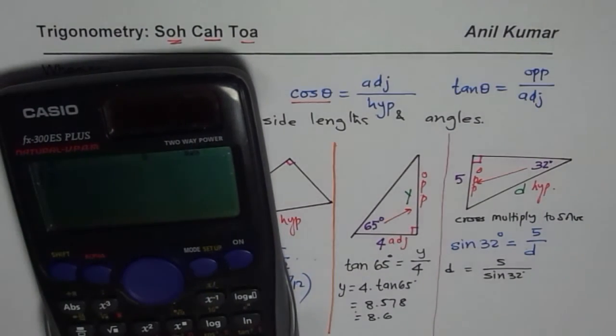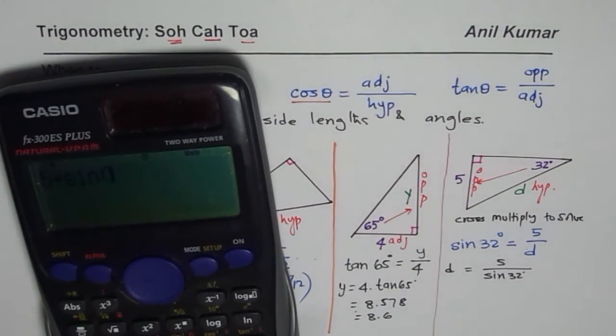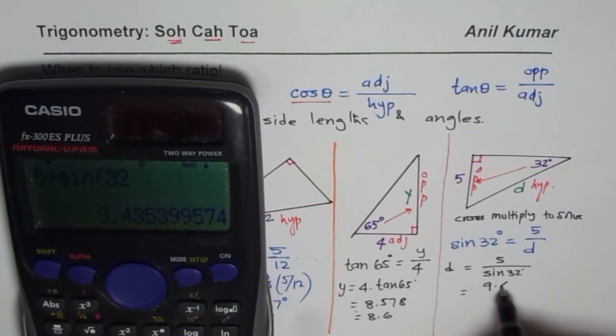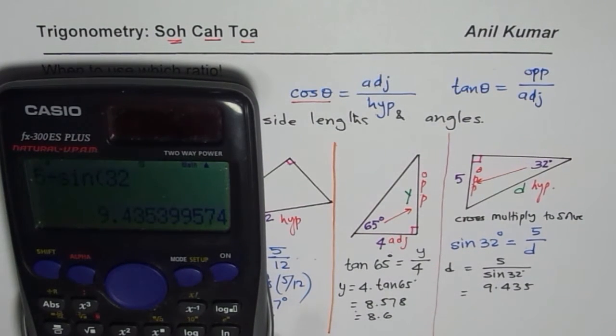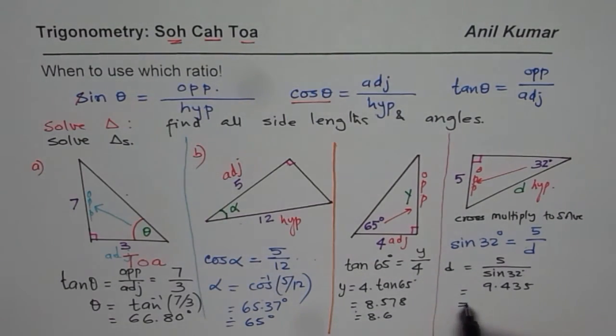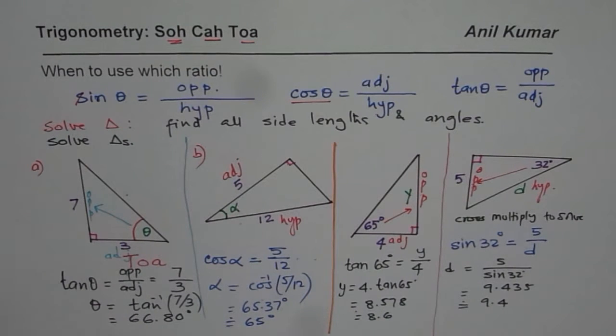So you do 5 divided by sine of 32 degrees. Calculators at times could be in radians, so ensure that it is in degrees. So we get 9.435. As practice, we are rounding to one decimal place, so we'll write this as 9.4. Perfect. That is how you solve your triangle.